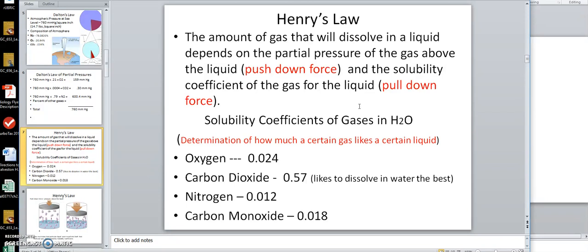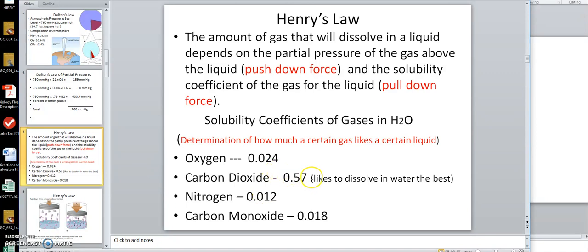So since our liquid is H2O, water, here would be the solubility coefficients. Now let's look at this. Water likes carbon dioxide the best. Then oxygen after that, then nitrogen. See what I'm saying?